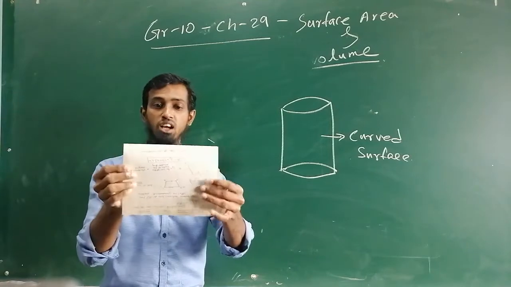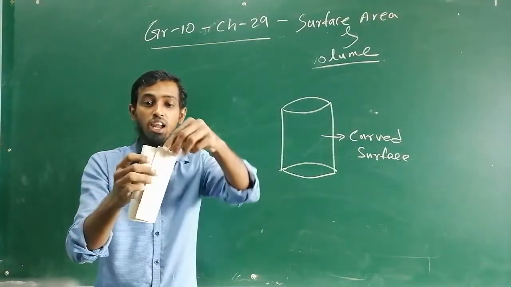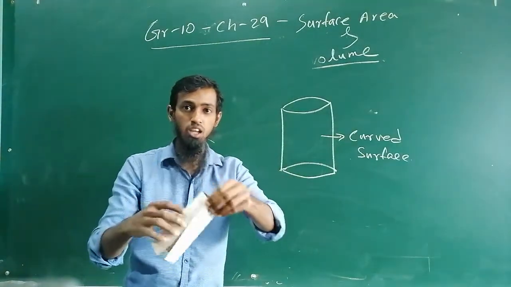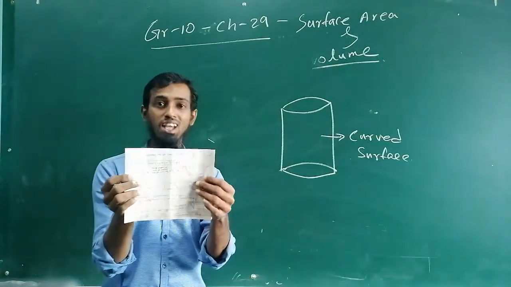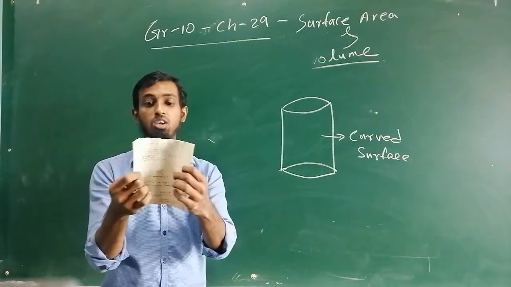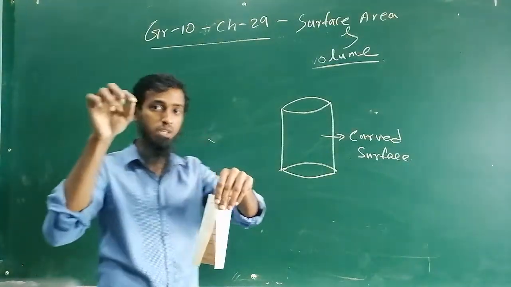If you connect the edges of the rectangle, lengthwise or breadthwise, you can have the curved surface of the cylinder. Remember this point.